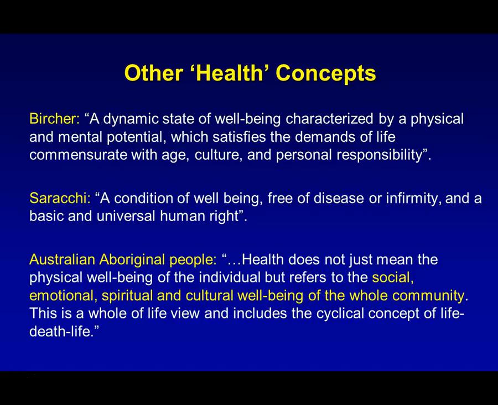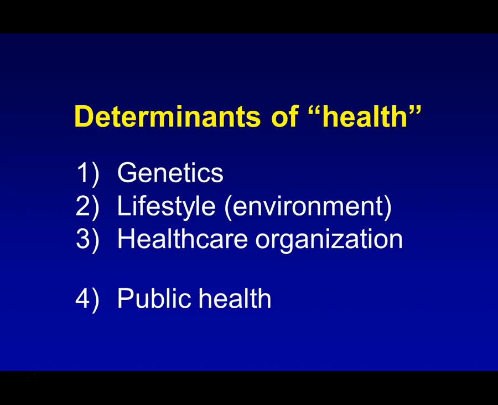This is a whole life view and includes a cyclical concept of life, death, life. What we consider determinants of health are genetics, lifestyle, the healthcare organization, but also public health.